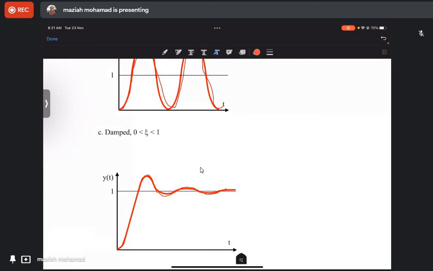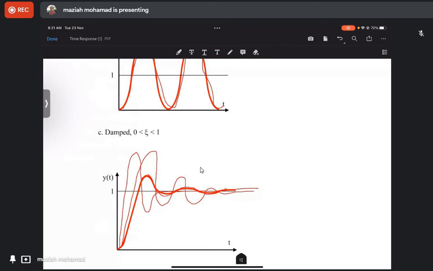Okay, so by choosing zeta bigger than 0 and lower than 1, we can adjust the behavior of the system, whether you want to have a higher oscillate system, or faster response with only one peak there.